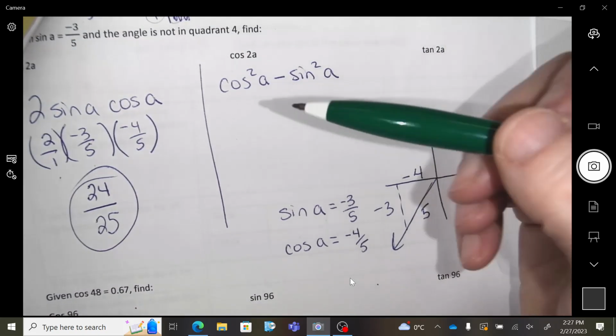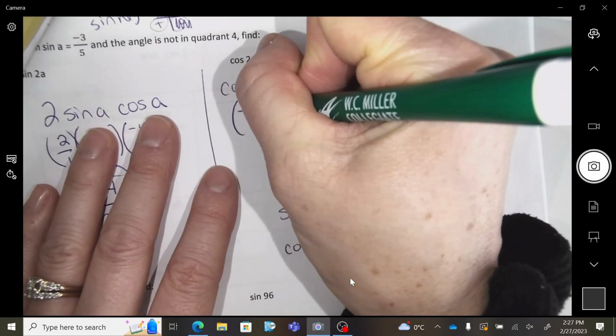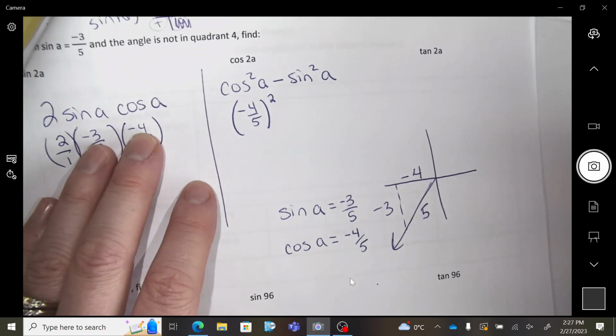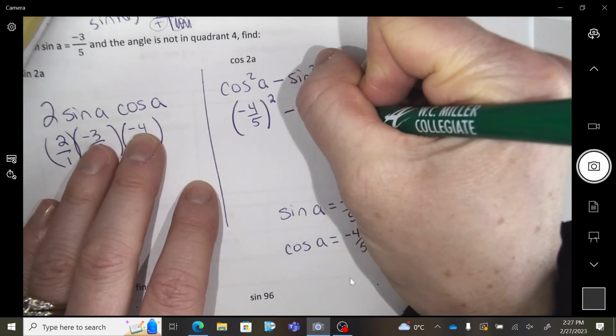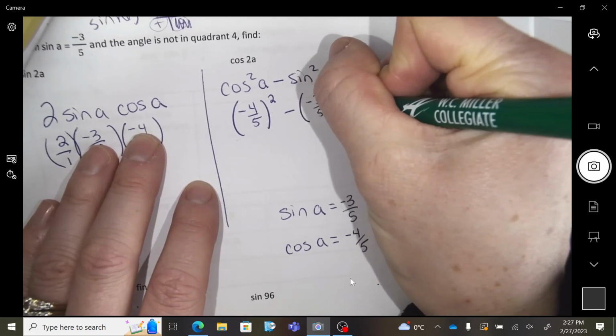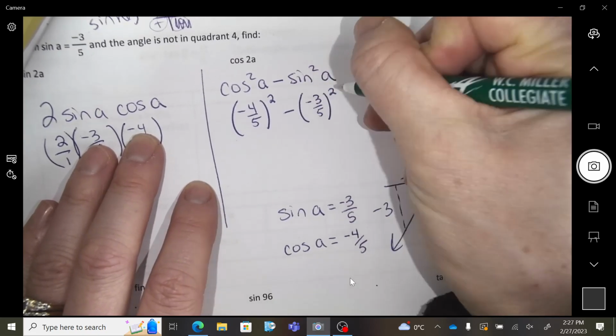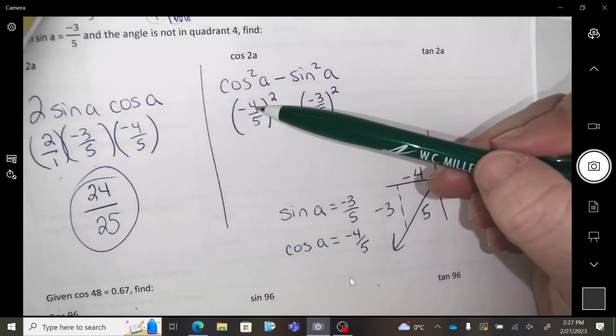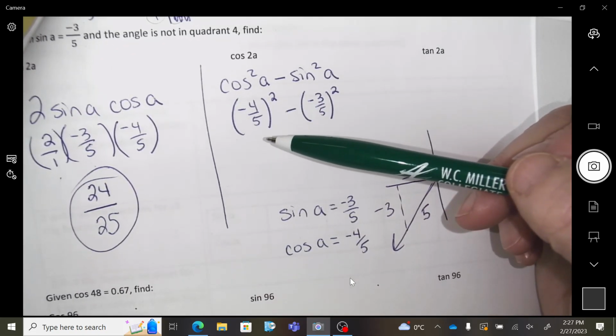Okay, cos A, so negative 4/5 in brackets, but I'd have to square it. Minus, replace the sine A, but don't forget we'll have to square that. Okay, so when you square this, these will turn positive, right? Does that make sense to you?